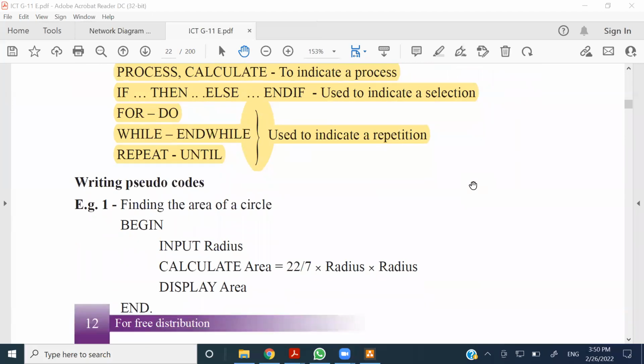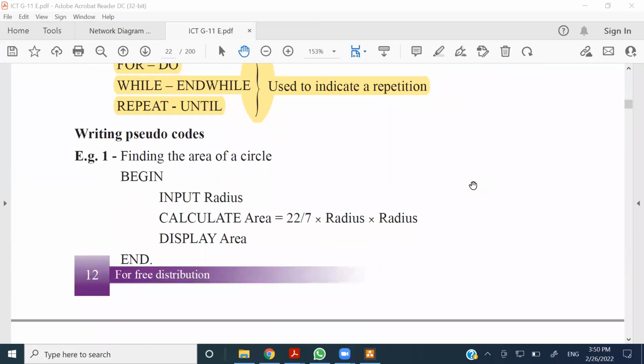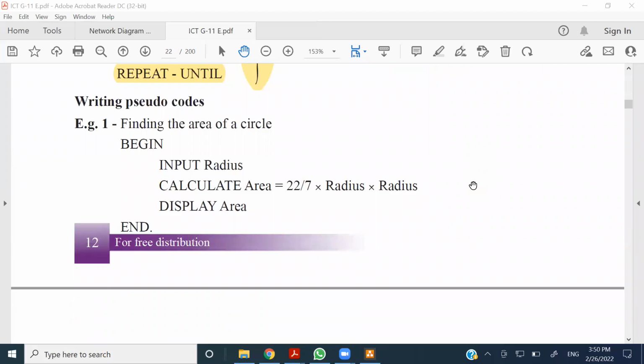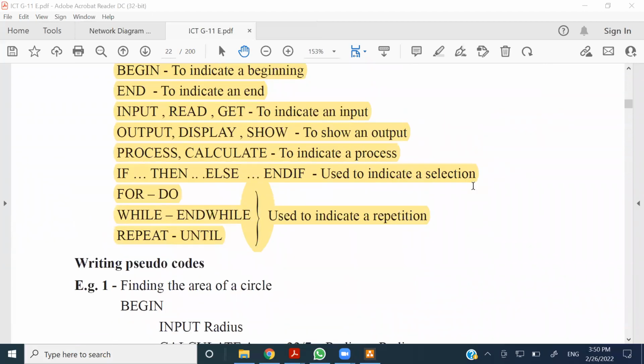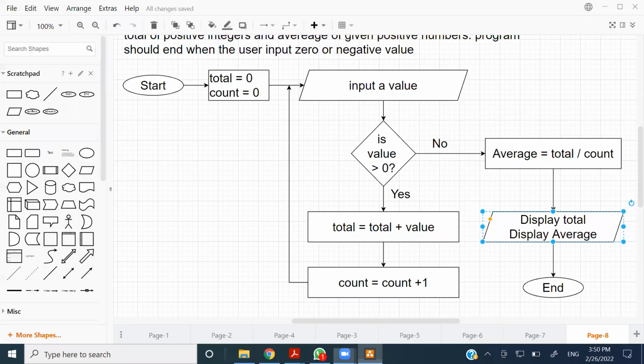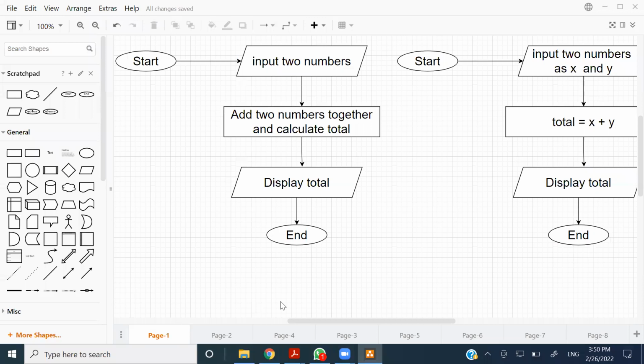Right now, let's see how we are going to write the pseudocode. Now, it's very easy, people, right? That is not very hard. So, if I take the very first example that we did. Now, as per my knowledge, this is the first example we did, right? Can you confirm?